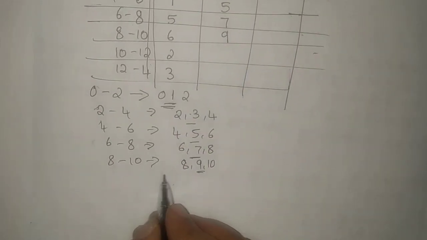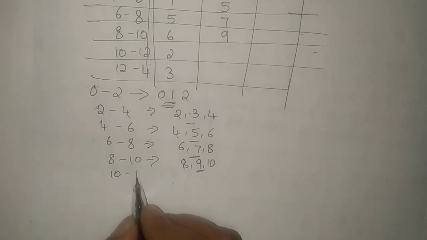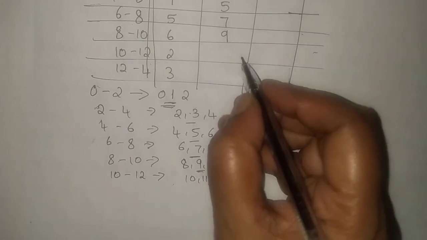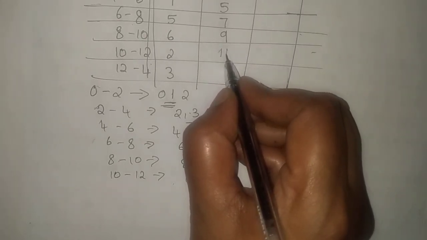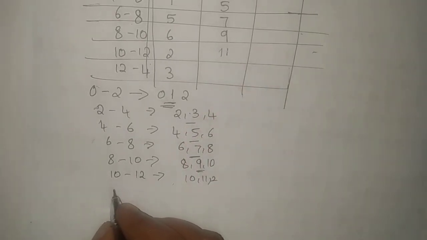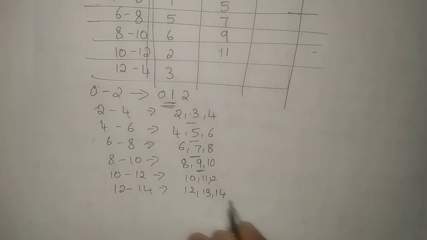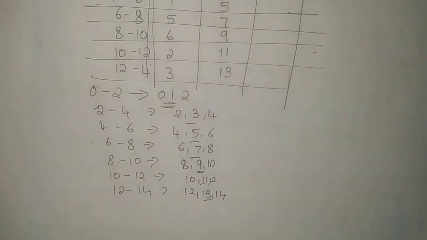And next is 10 to 12: 10, 11, 12. It will become 11 here. Then another one, 12 to 14: 12, 13 and 14. The answer will be 13. This is the midpoint.